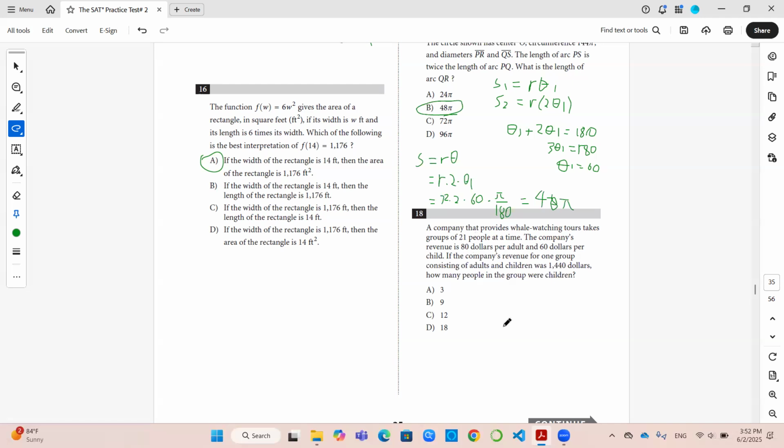Okay, so adults plus children is equal to 21, and 80A plus 60C is equal to 1440. Solve the system of linear equations and you'll get A is 9 and C is 12. We're asking for the children, so C is the correct answer.